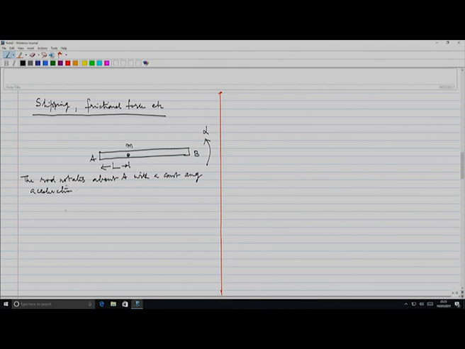The symbol for angular acceleration is generally alpha, which you must be knowing, which is constant. Mu is the coefficient of friction.